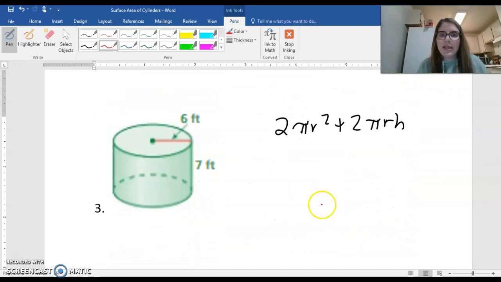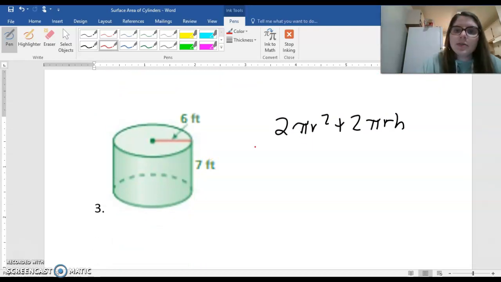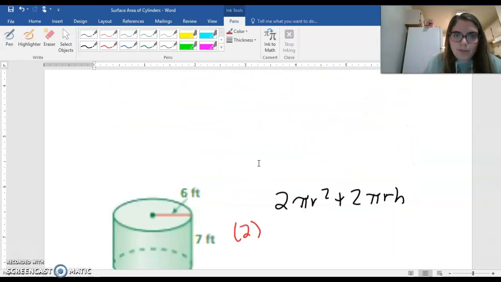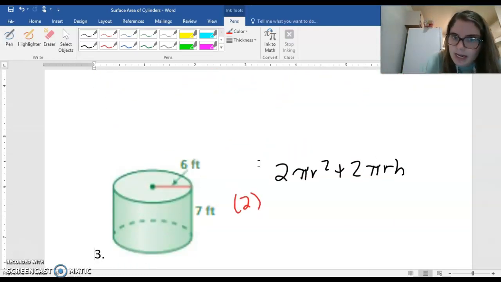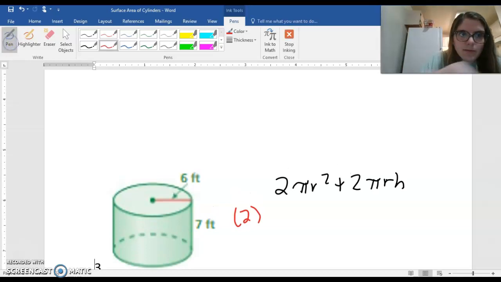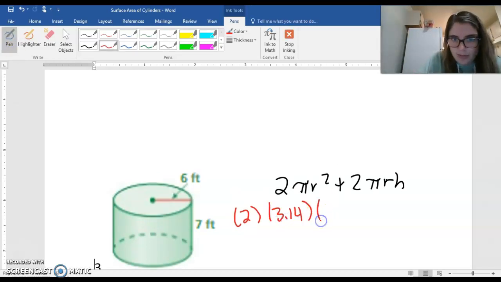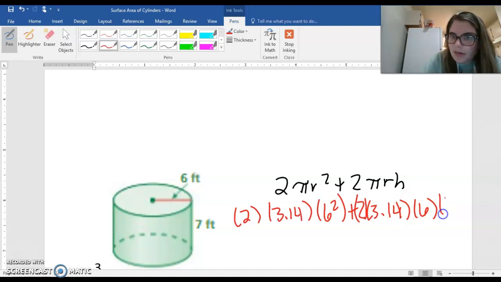All right, and our last one. Same exact thing here, we're just plugging in. So we're going to have 2 times 3.14 times our radius, which is 6 squared, plus 2 times 3.14 times our radius, which is 6, times our height, which is 7.